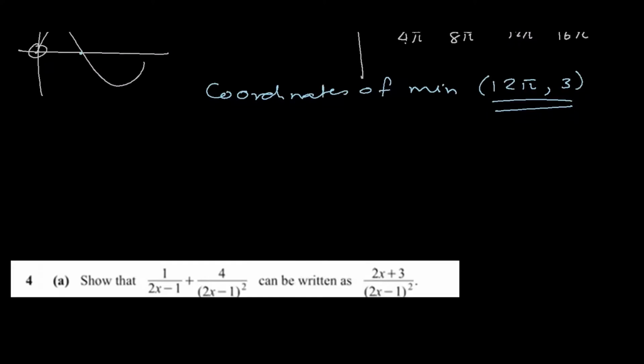Okay, next one. Show that this expression can be written as this. Let me copy this first: 1 over 2x minus 1 plus 4 over 2x minus 1 squared. Multiply the first by 2x minus 1, because we want a square here also, so we have to compensate in the numerator as well.